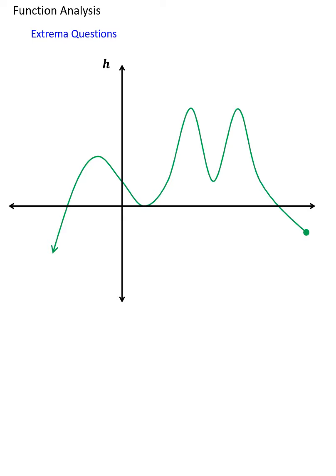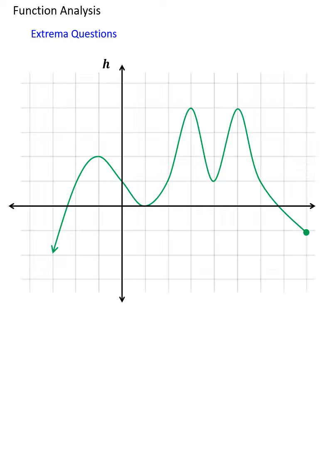Now, even if you understand what a local max, an absolute max, a local min, and an absolute min are, one still has to be careful about how one answers questions and the way the questions are formatted. So let me give you some examples here. I'm going to put in a grid here so we can talk about these points numerically.